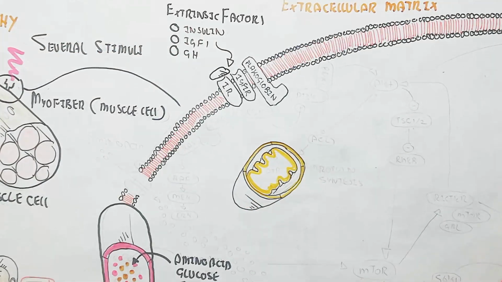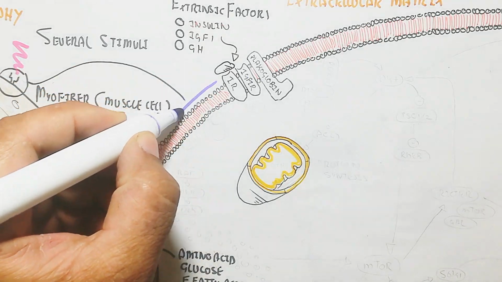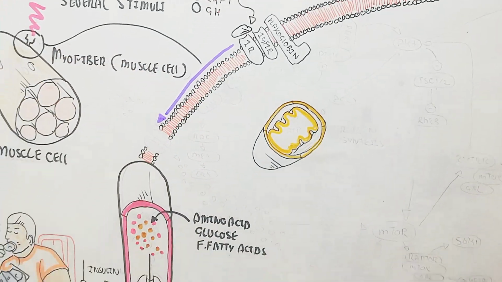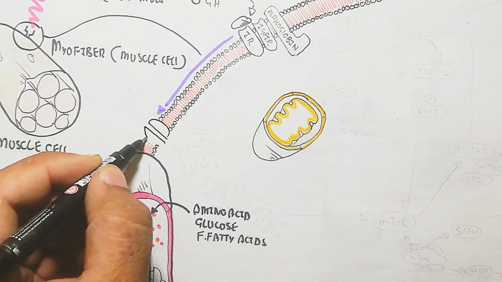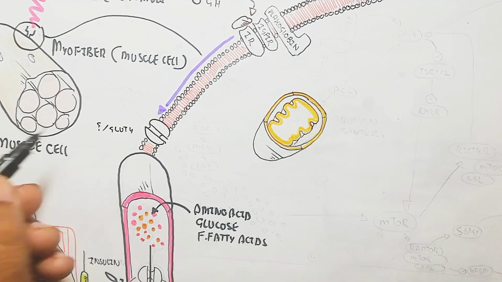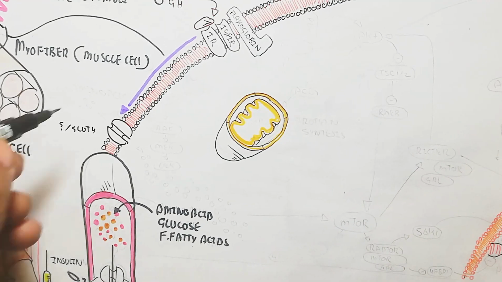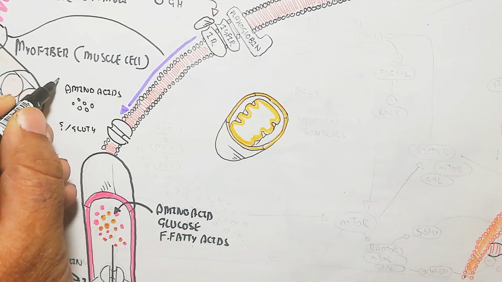This binds through the insulin receptor if it is insulin, or the IGF-1 receptor if it is IGF-1, and will trigger certain channels like GLUT4. Amino acids and glucose will enter. When amino acids and glucose enter the cell, this creates a nutrient-rich condition in the intracellular myocyte.